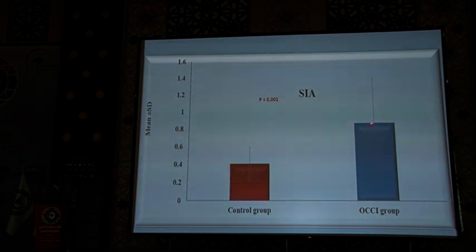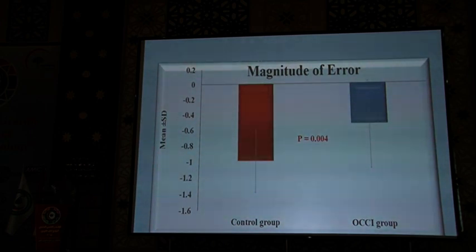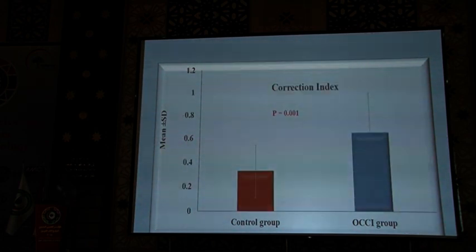It changed the curvature of the cornea by about 0.8 diopter, while here by about 0.4 diopter only. The magnitude of error, the difference between surgically induced astigmatism and the target, is higher in the control group and significantly less with the two incisions. The correction index is very high in the opposite incision group. It can correct up to 0.6, while here between 0.2 and 0.3.